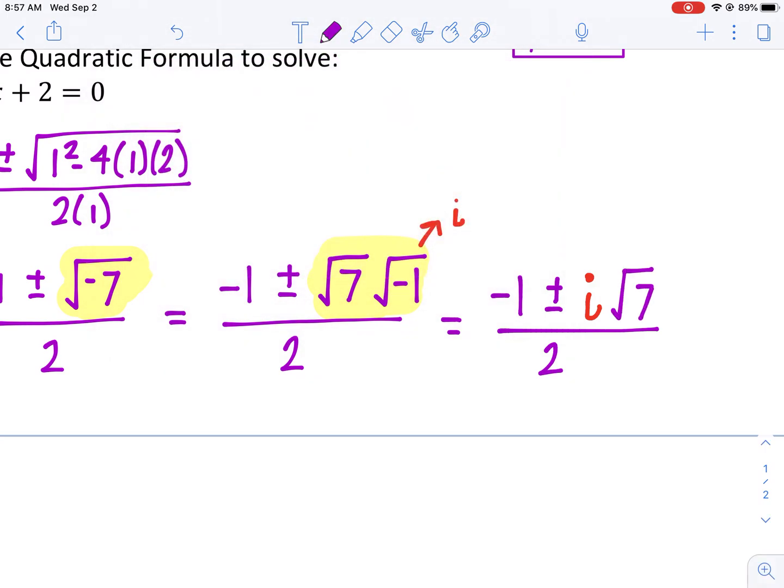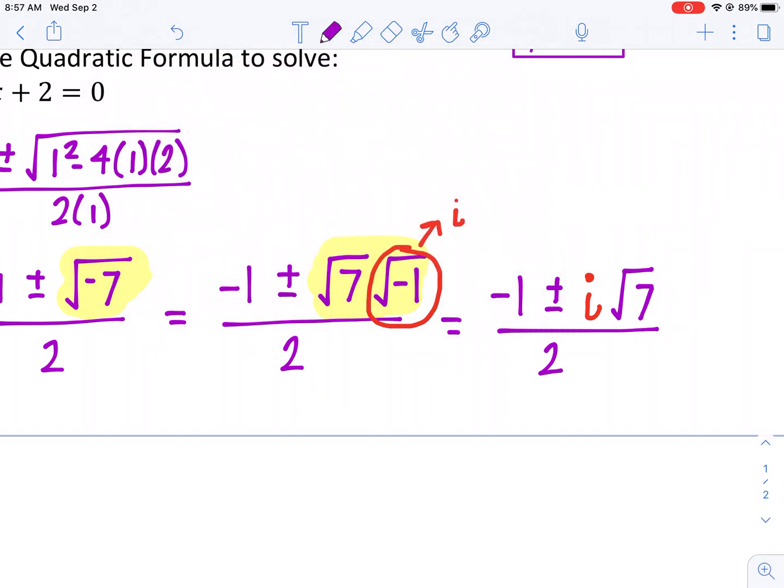Please make sure you put that imaginary in front. You never would say root 7i, because the i might fall under your square root if you do that. So know that this right here, just this portion, -1 under a square root simplifies to i, and this is how you would write it.